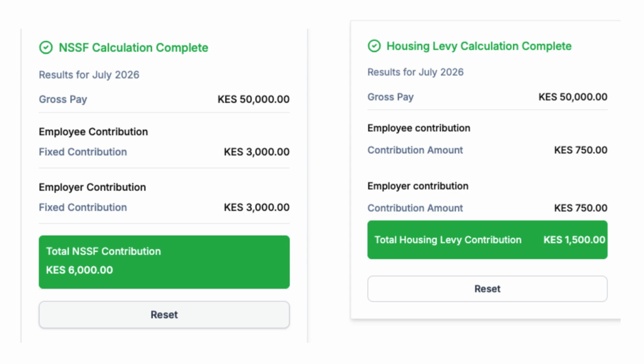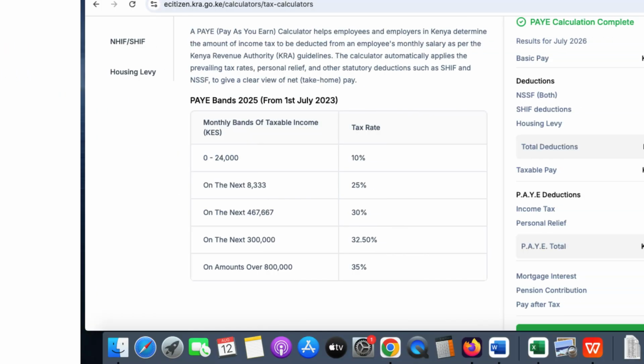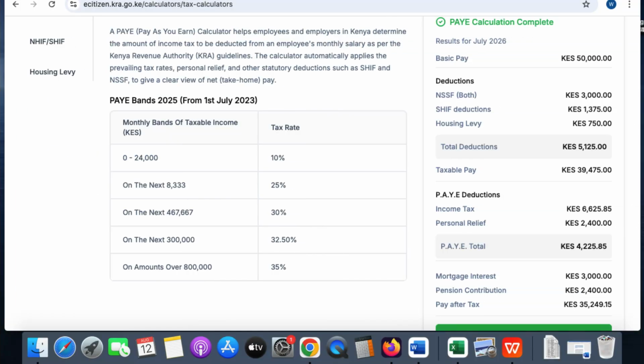Otherwise, this calculator should give you the right estimate to expect from your salary. Whether you are an employee who wants to understand and confirm the deductions on your salary, or an employer who wants to correctly calculate your PAYE and prepare the P9 forms for your employees, the KRA Tax Calculator can be a very helpful tool.